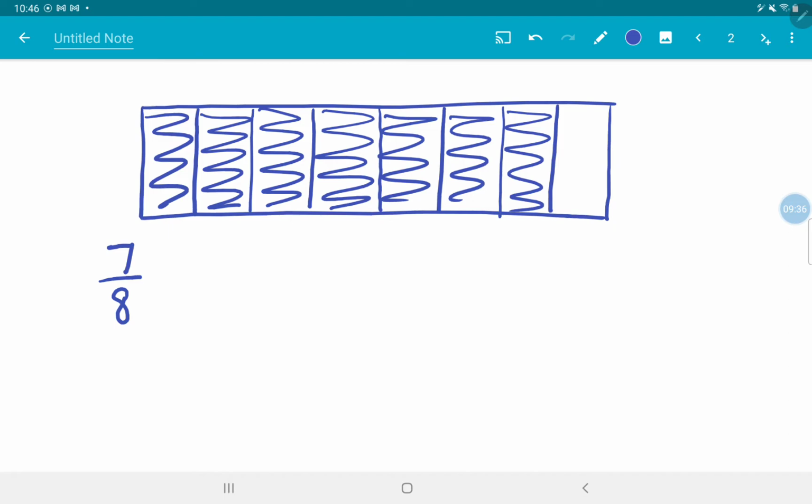I only have 2 done. I have 1, 2, 3, 4. If you're talking, you're distracting someone else. Can they be backwards? Can you like flip them around? Is that what you mean? Mm-hmm.